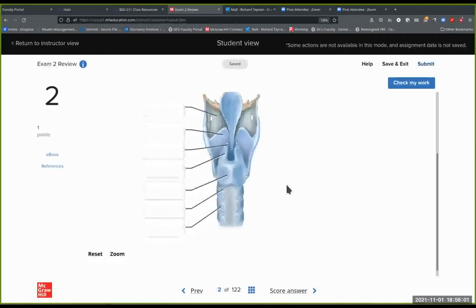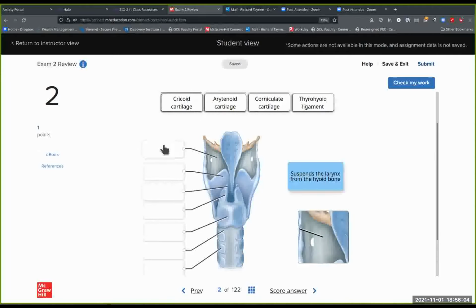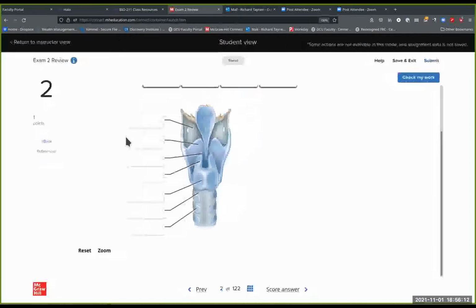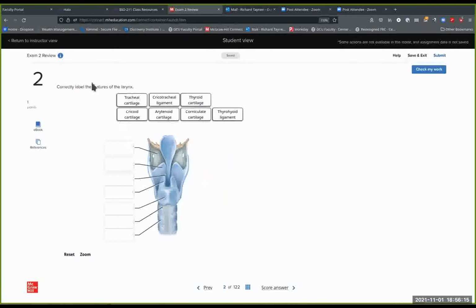We got the larynx here. So what would this be? Make that a little smaller again. That's the cricotracheal ligament. No, wait a minute, take that back. Thyrohyoid ligament. So this is the hyoid one, the thyroid cartilage.